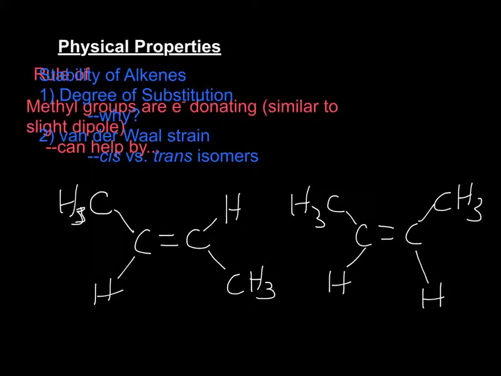First off, which one is the cis? The one on the left or the one on the right? Correct, it's the one on the right. That one's the cis. So by default, the other one has to be trans.